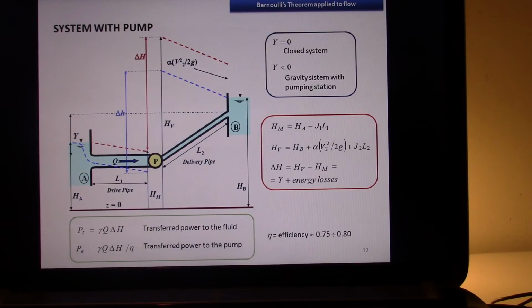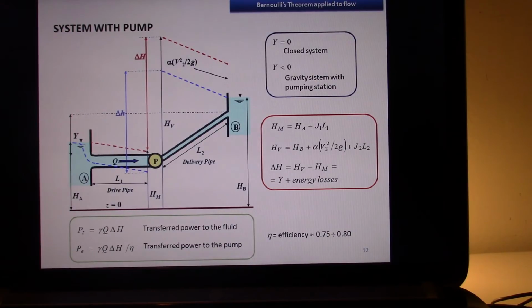Alright, so let's right now see the case of the system with the pump. What changed? Well, in this case you want to give energy to your flow. So if you want to give energy to your flow, you need to insert a machine that is able to give this kind of energy, and this machine is called the pump.